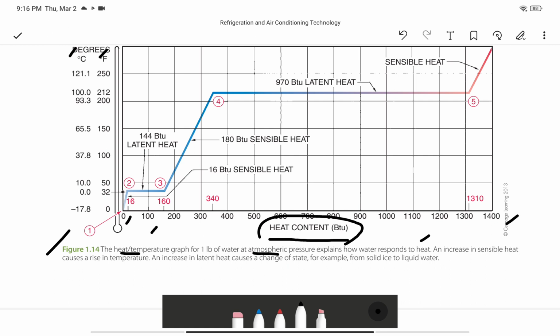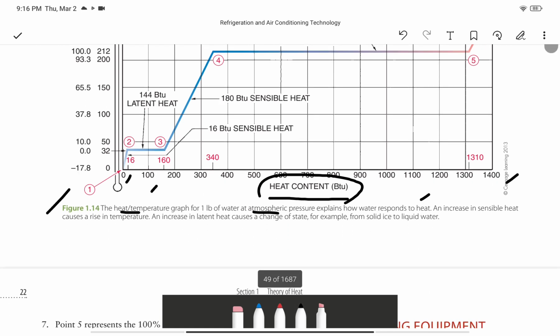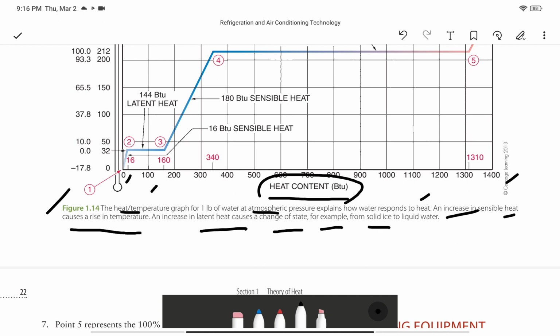What he's saying is, an increase in sensible heat causes a rise in temperature. An increase in latent heat causes a change of state, for example, from solid ice to liquid water. So we can see the difference, right?